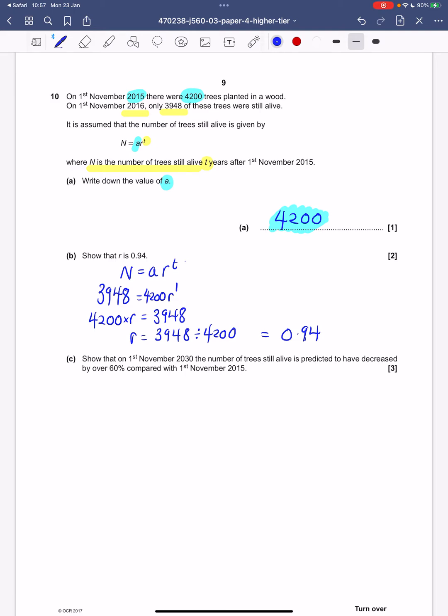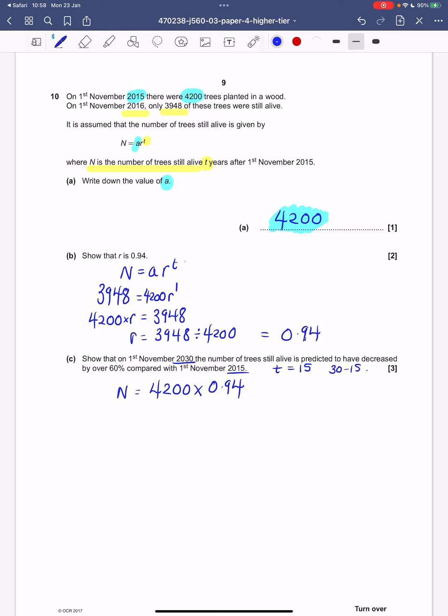Show that on the 1st of November, part C now, the number of trees still alive is predicted to have decreased by over 60% compared with the 1st of November 2015. So the number of trees still alive is a, which is 4,200, times now r, which we've got as 0.94, and then we're going to 2030 from 2015, so t is going to be 15, which comes from 30 take away 15.